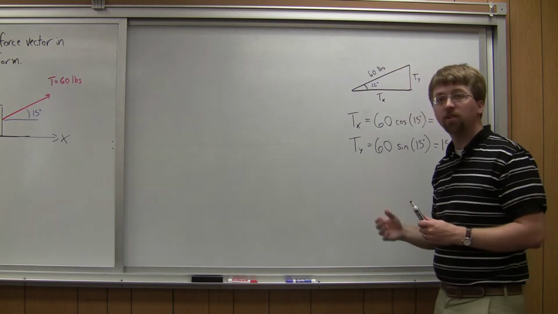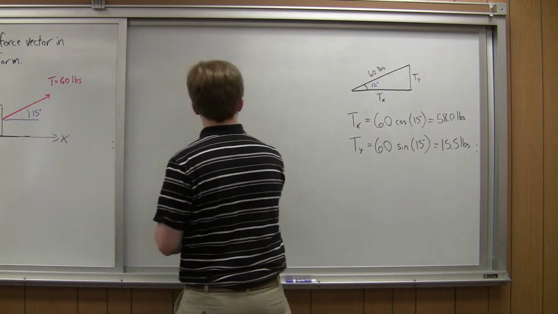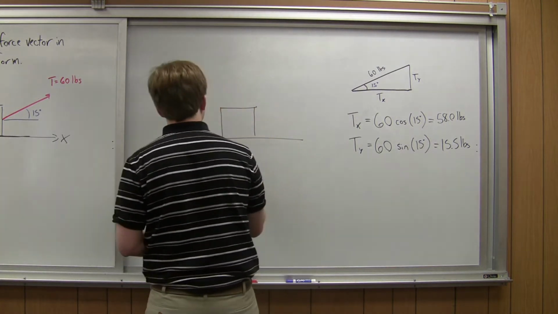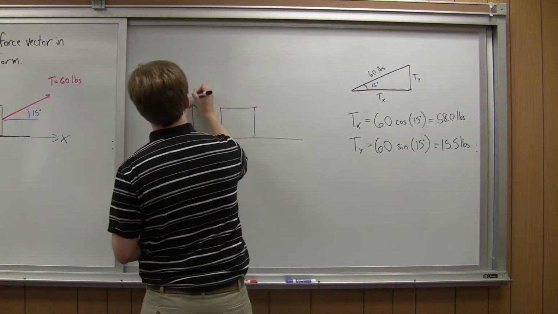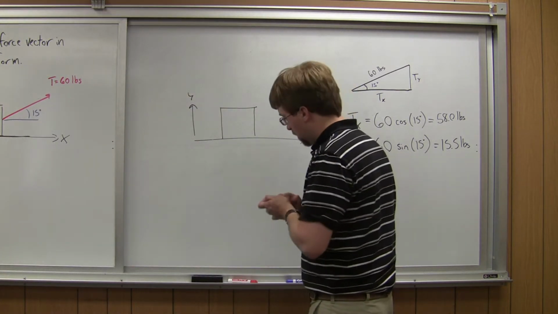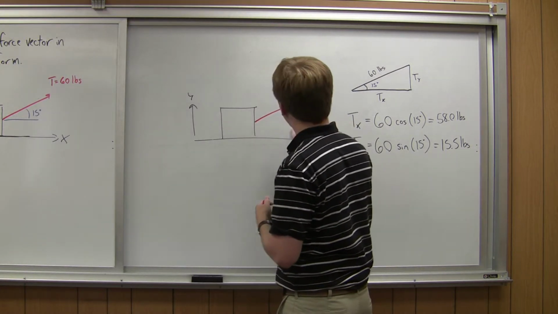I'm going to redraw this diagram with the force in vector form. I've got my box on the surface. I'll draw in the axes again. I've got y, I've got x. I've got my tension force, like so.